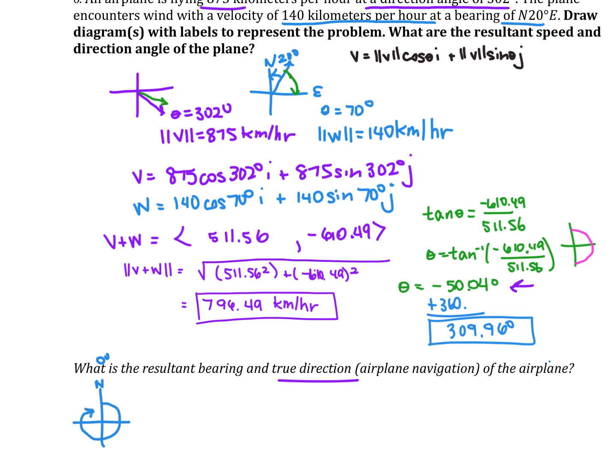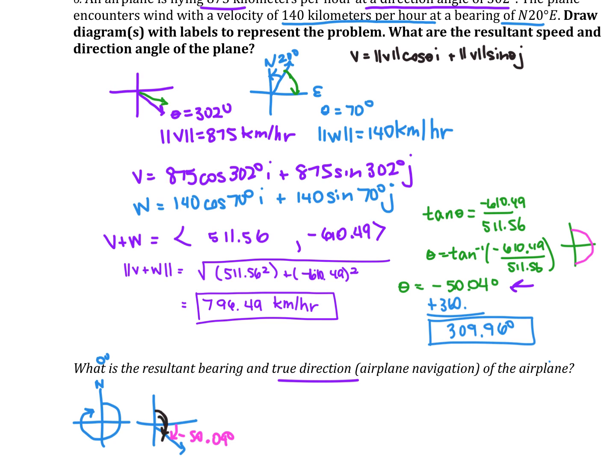So to find the true direction of the airplane, we know the angle is in quadrant 4, and we have the angle negative 50.04 degrees. That is this angle here. So the true direction of the airplane is this black arc here.